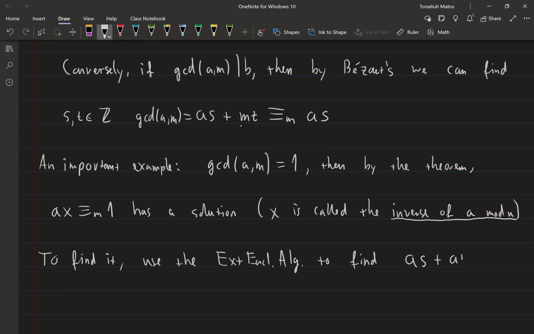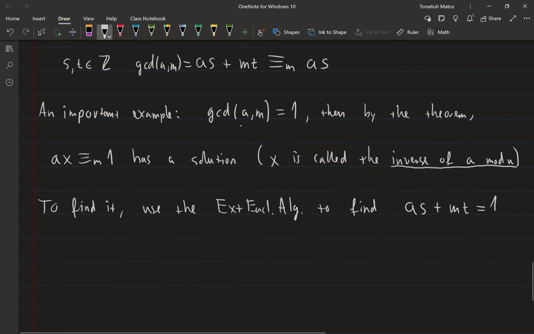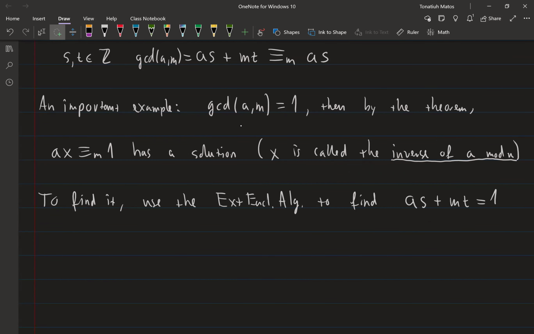So one must be written as a linear combination of a and m. Right, so one is a linear combination of these two. And if I reduce that last expression mod m, it cancels out the m and I just get a times s, right? So this is how you can find the inverse of any number mod m if it exists.